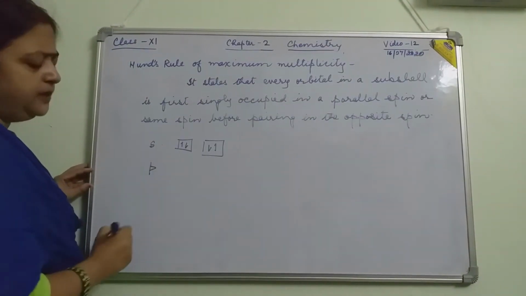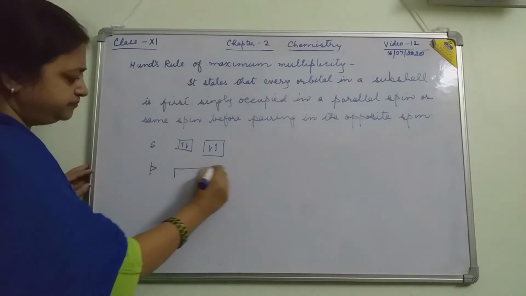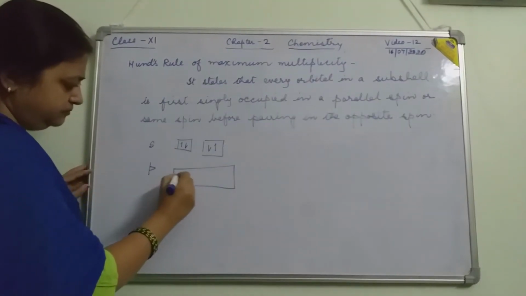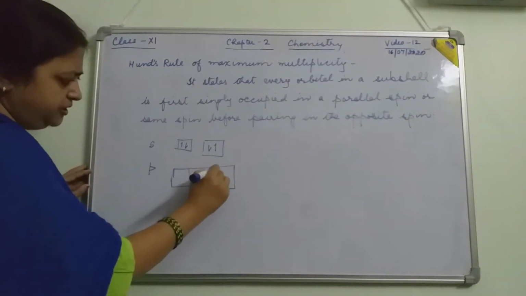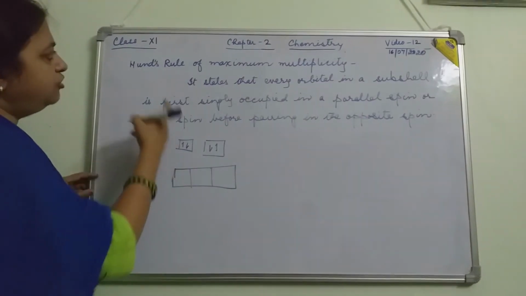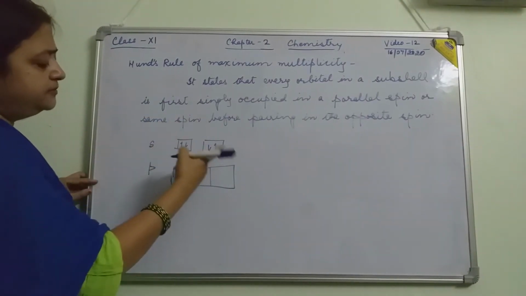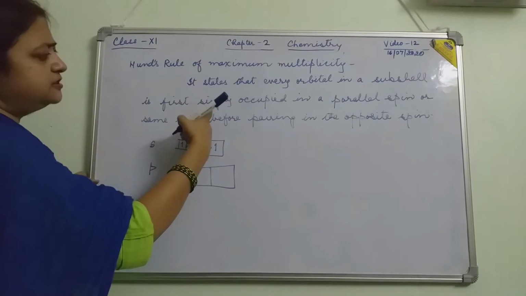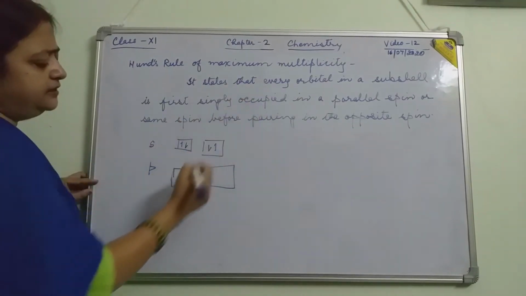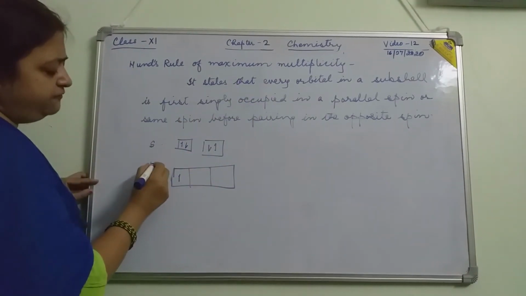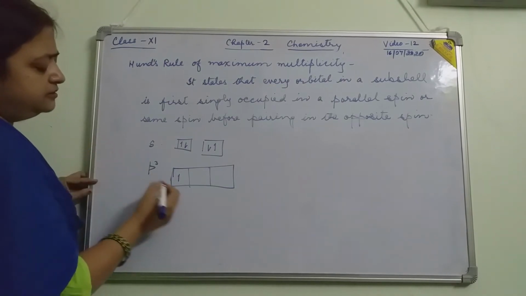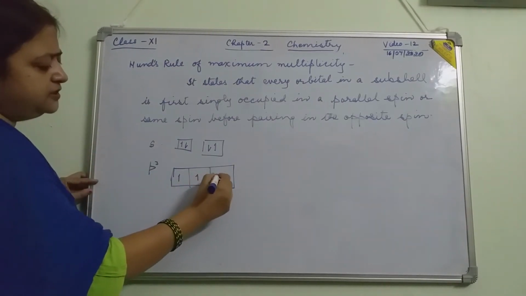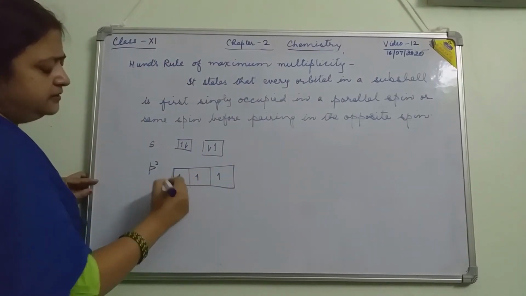But for p orbitals, there are 3 p orbitals, and according to Hund's rule, each orbital is first singly occupied. If it is p3, each orbital is first singly occupied.